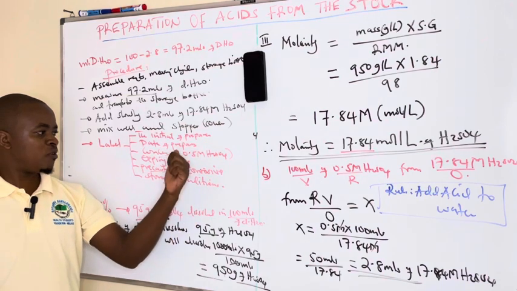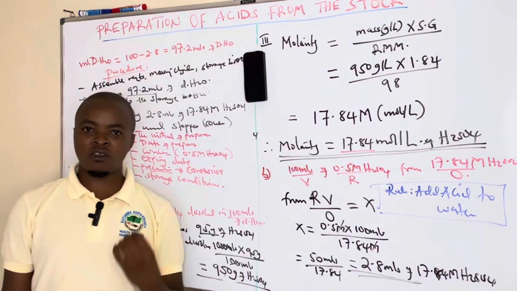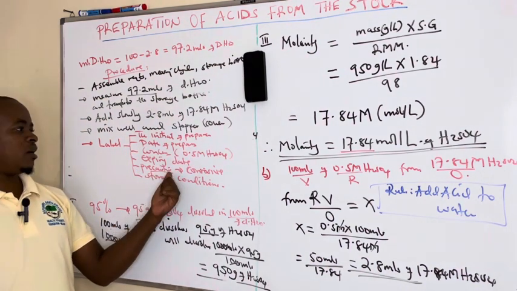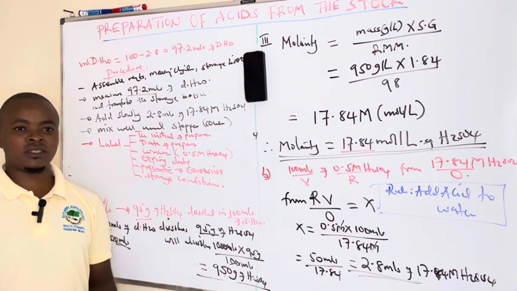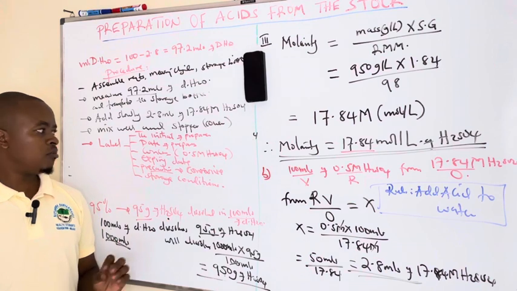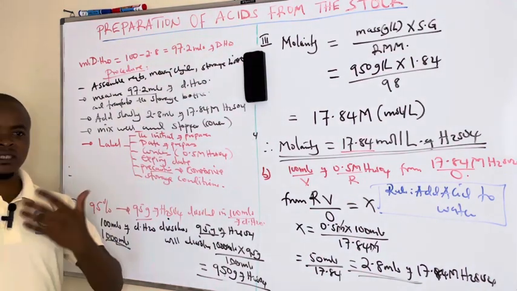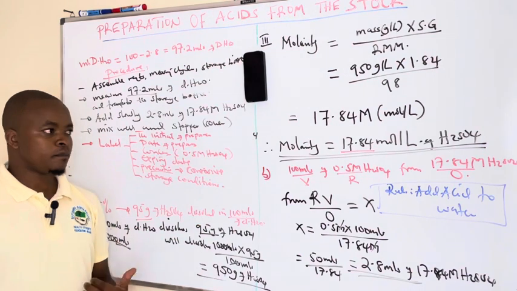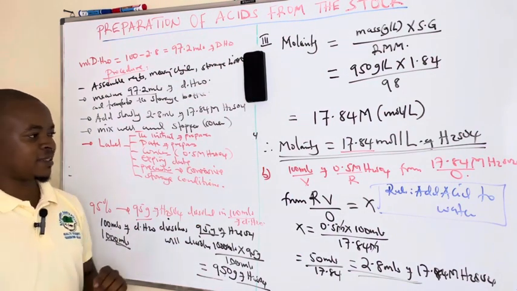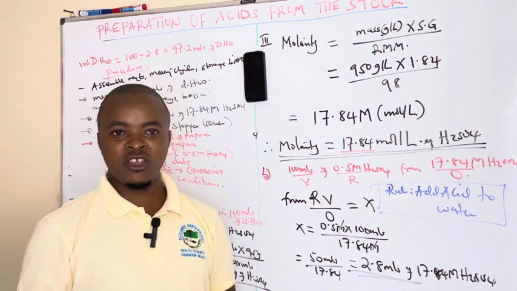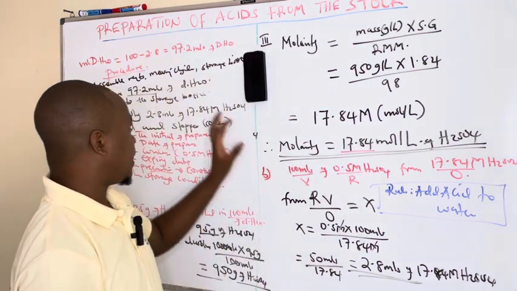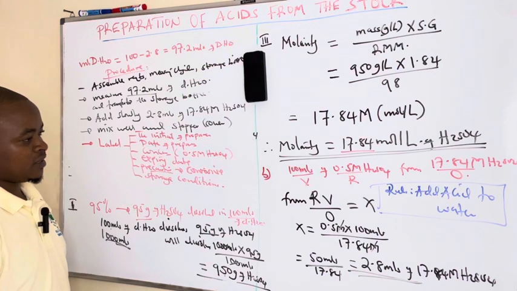So always make sure you give the details, in an exam and even in the laboratory. When you just say label, you miss like 4 marks, because each label takes half a mark. So this is how we can prepare using the concentrated acid.